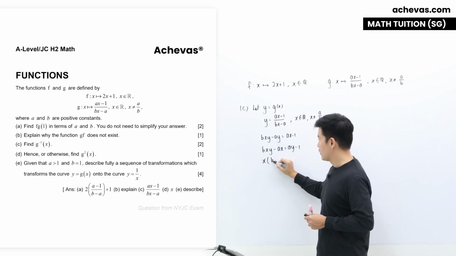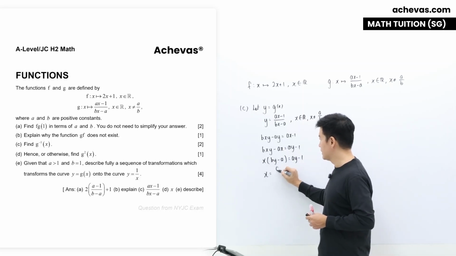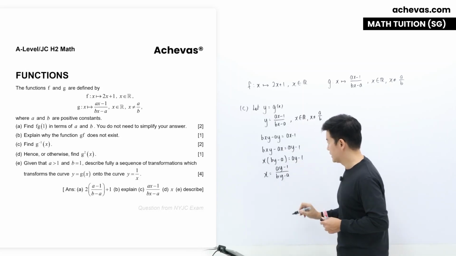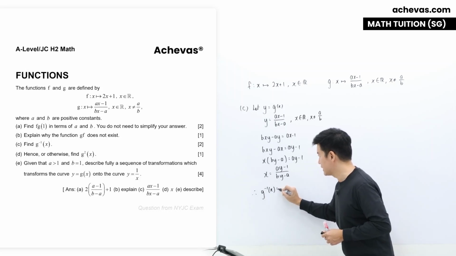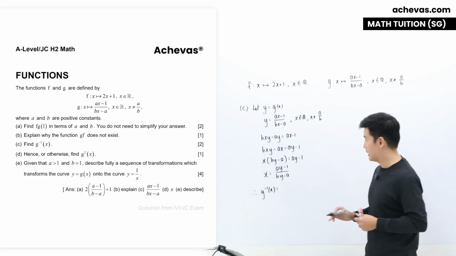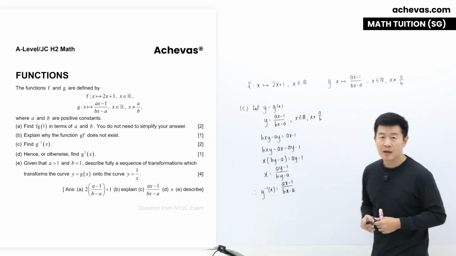Factorizing out x, we have x times (by minus a) is equal to ay minus 1. So x here is ay minus 1 over by minus a. So therefore, G inverse x, replacing all the y here by x as a symbol for input, is going to be ax minus 1 over bx minus a.